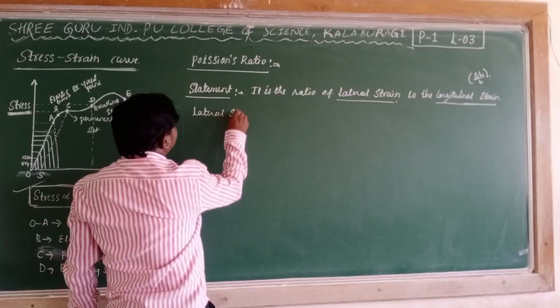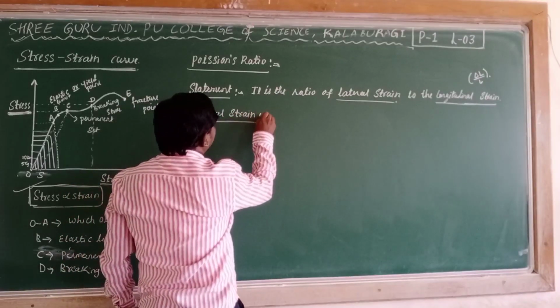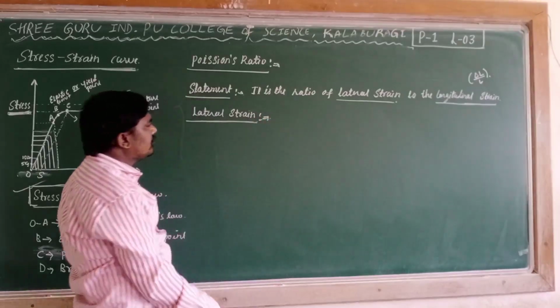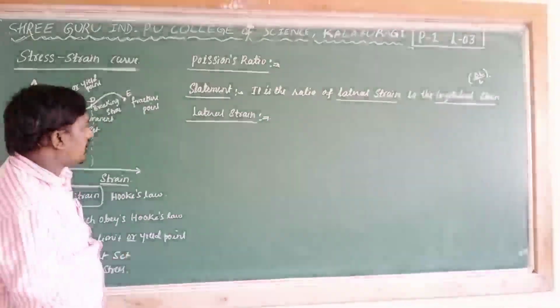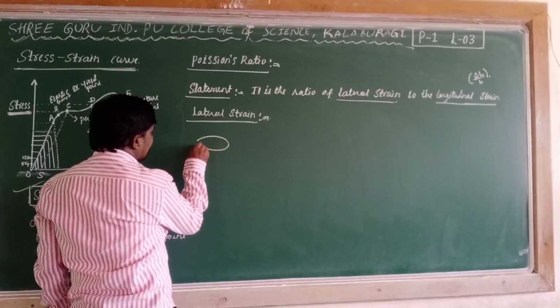Lateral strain means, till today we discussed the length, area, size, and volume. We have not discussed the diameter. Just consider this is a cylinder.